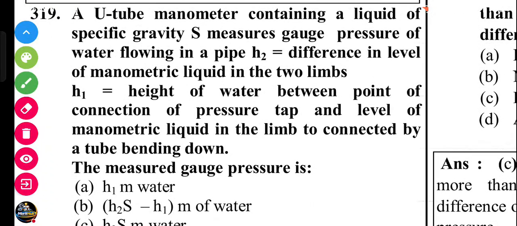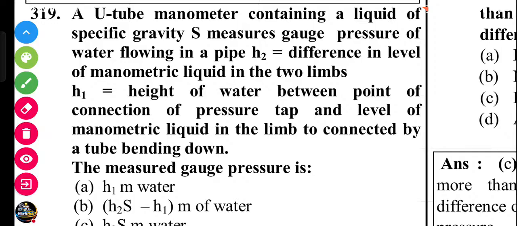A U-tube manometer containing a liquid of specific gravity S measures the gauge pressure of the water flowing in a pipe. H2 equals the difference of the level of the manometric liquid in the two limbs. H1 equals the height of the water between the point of connection of the pressure tap and the level of the manometric liquid in the limb connected by a tube bending down.